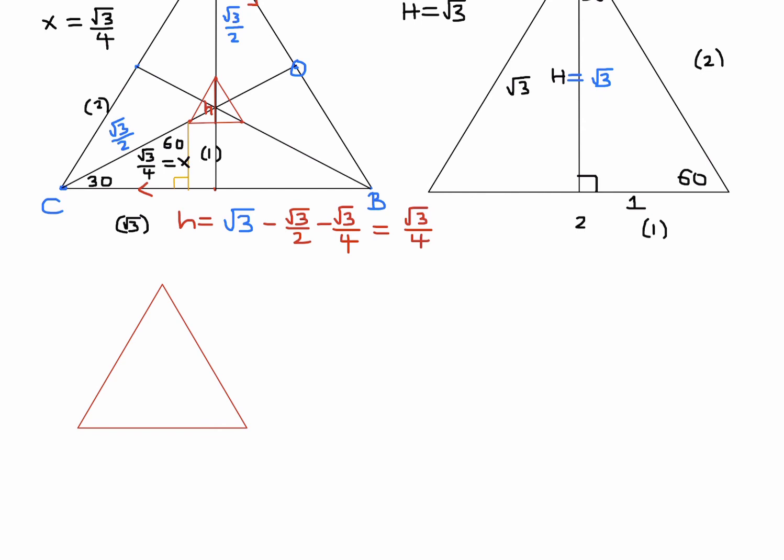First I'll draw that perpendicular top to bottom. Now I just figured out that h was equal to root 3 over 4. Now I need to figure out this base in order to figure out the area of that small region R.